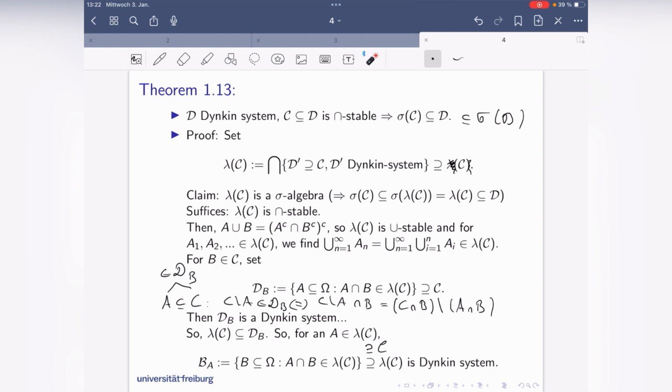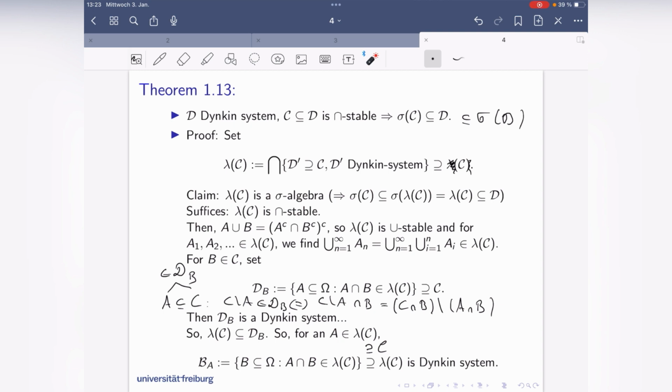So I have to show, okay, that's just a reformulation, that this here is in lambda of C. So C intersect with B without A intersect with B is in lambda of C. They have the same property that A intersect B is a subset of C intersect B. Lambda of C is a Dynkin system, so this here is again in lambda of C.